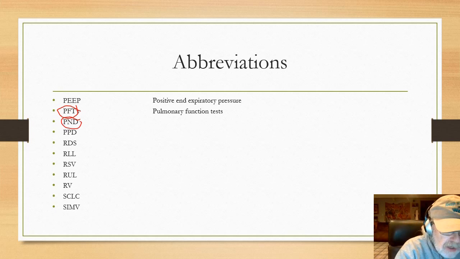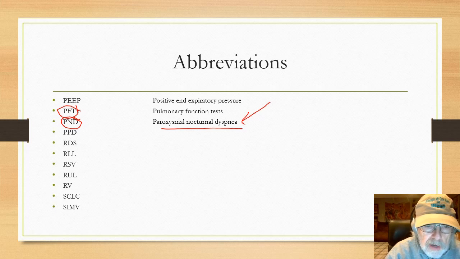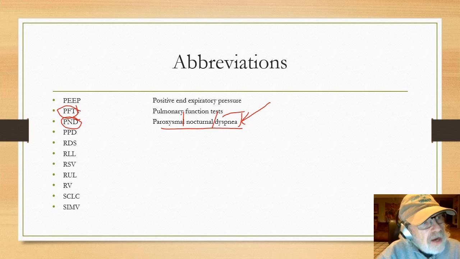PND is one that's probably also cardiovascular. It's called paroxysmal nocturnal dyspnea. Paroxysmal means comes in spasms or bouts. Nocturnal means at night, and dyspnea is shortness of breath. When people have heart failure, when they're up, their ankles start to swell during the day, because the heart's not pumping things back, everything backs up in the systemic circulation.